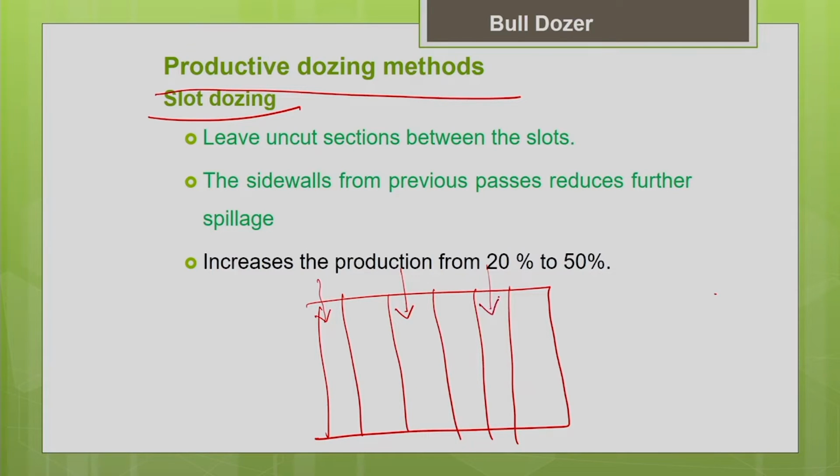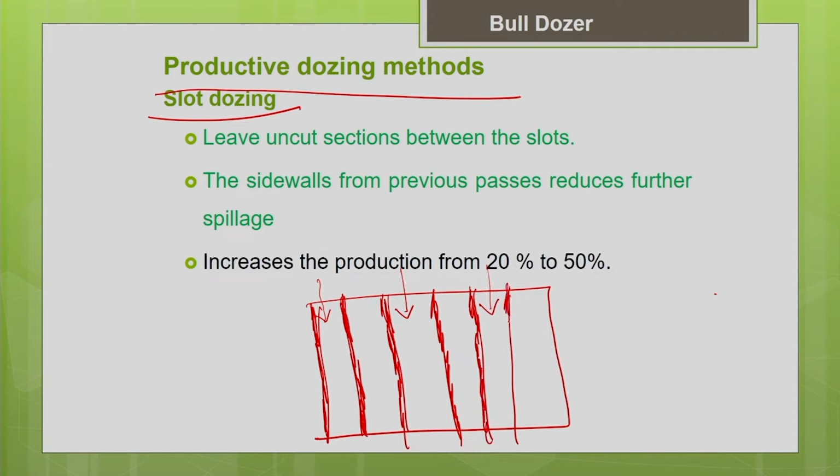When the bulldozer is moving through these cuts, obviously the end spillage will be there at both ends of the path as it pushes the earth.